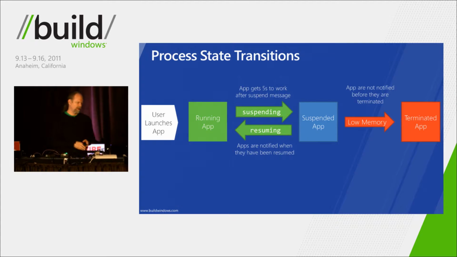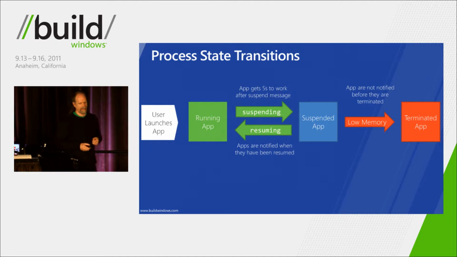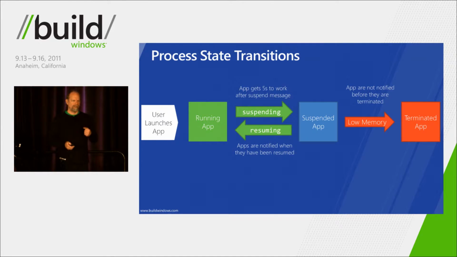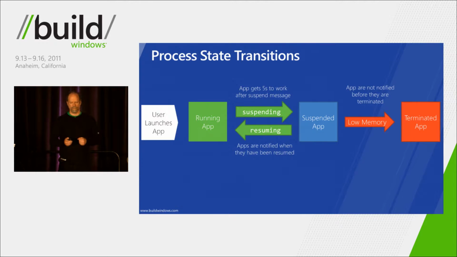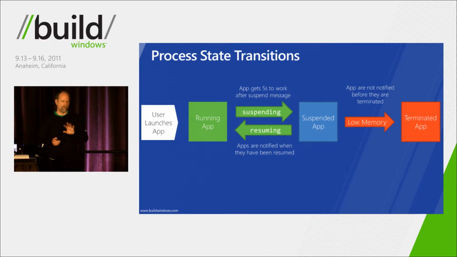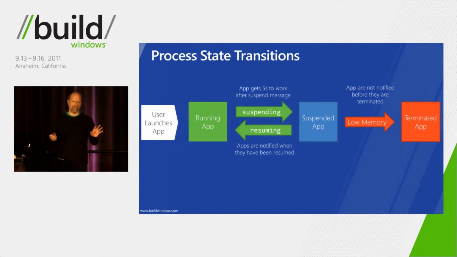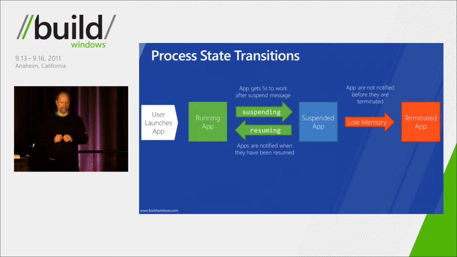Now, you can actually request a deferral of up to 5 seconds, during which you can do some emergency work, but you've really got to make sure you make that deadline, because once you're suspended after that 5-second deadline, your application will be there in memory, but it will not receive any clock cycles from the scheduler. So it'll be effectively suspended, as in just stopped.